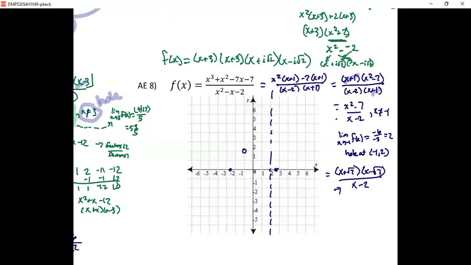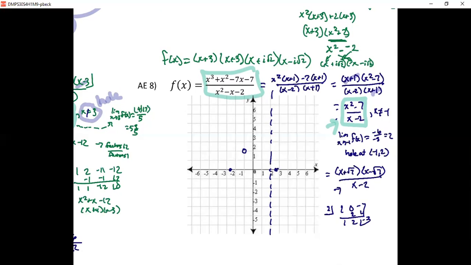And looks like we're going to have to do some long division one more time, or synthetic division in this case. And again, I could do the long division from that form, or I could do the division from the reduced form. I would prefer to do it from the reduced form just because it's easier, and we can do it synthetically. So 2 goes into 1, 0, negative 7. That's 1, 1 times 2, 2, 2 times 2.